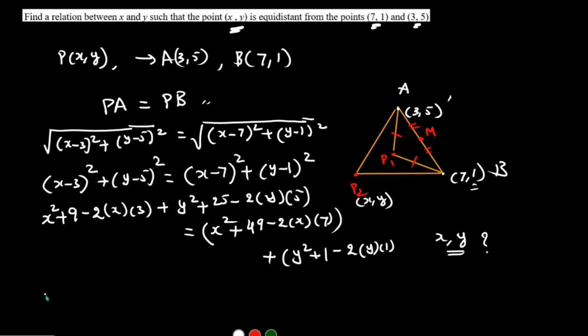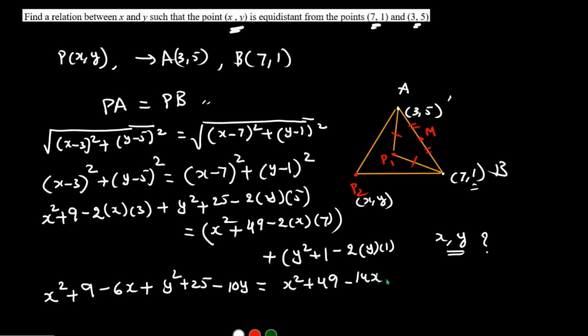If we simplify this, it becomes x square plus 9 minus 6x plus y square plus 25 minus 10y equal to x square plus 49 minus 14x plus y square plus 1 minus 2y.